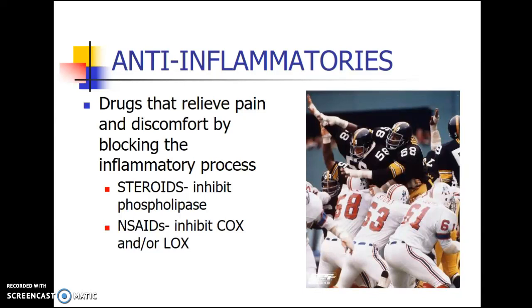And I have this football picture here to remind me and remind you that these types of steroids that we talk about are not the type that build muscle in athletes. These are actually what we call catabolic steroids. They will break down muscle in animals. So I just want you to be sure to know that these types of steroids are not the ones that build muscles. Those are called anabolic steroids.